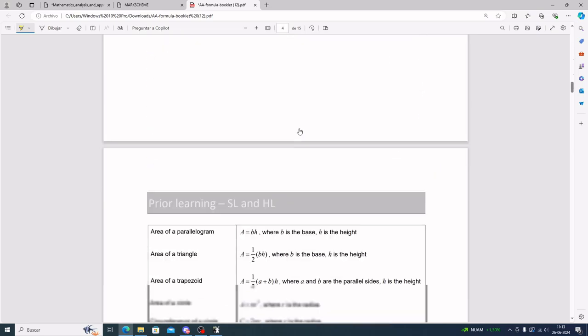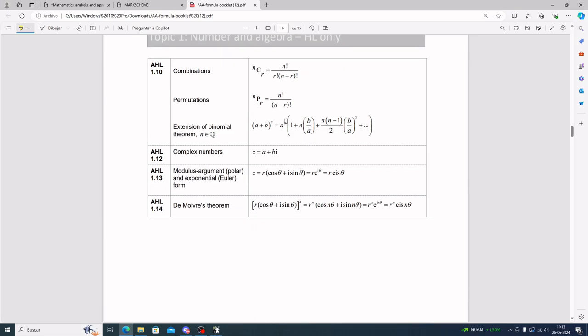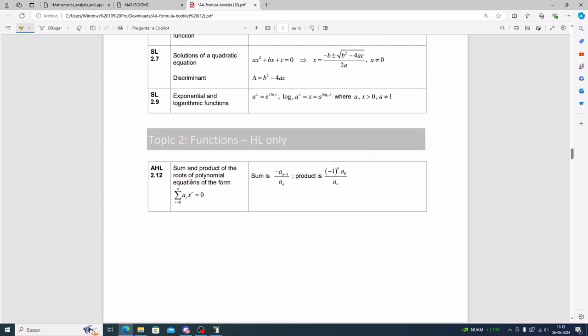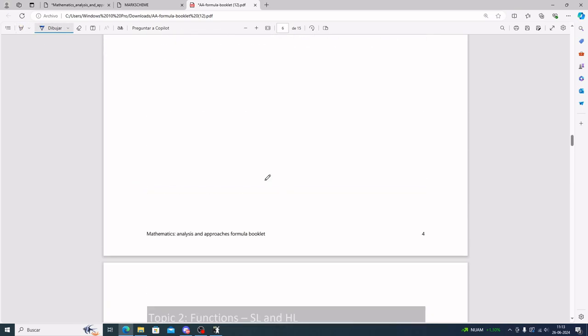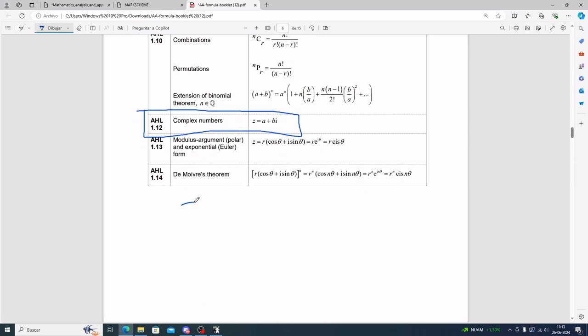And so for this exercise, there is something very, very important that we have to use. Down the line, we will be using this guy here. Not yet, but for now, I wanted to talk a little bit about what this is. Here they tell us that complex numbers are z equals a plus bi.